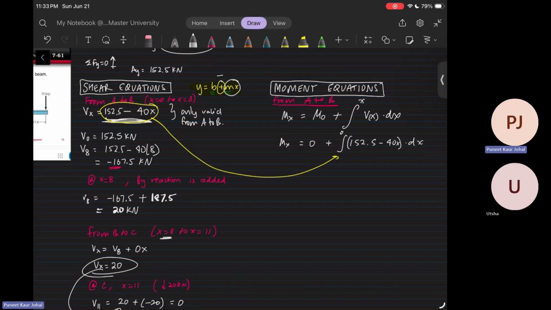And if I integrate it, I will get Mx is equal to 152.5x minus 20x squared, and it goes from 0 to x. So you could put any values of x here and figure out what's going to happen to the moment anywhere between 0 to 8, or A to B.